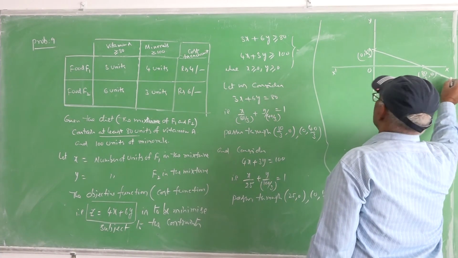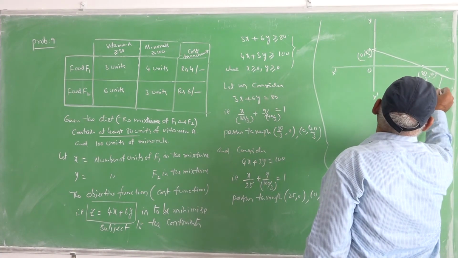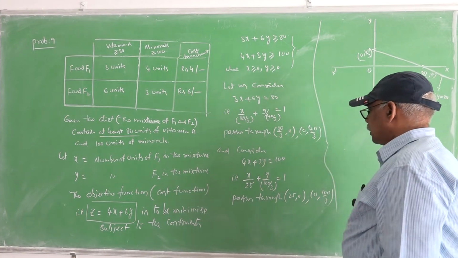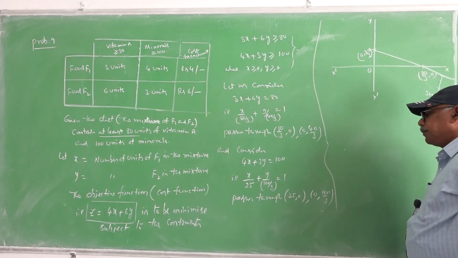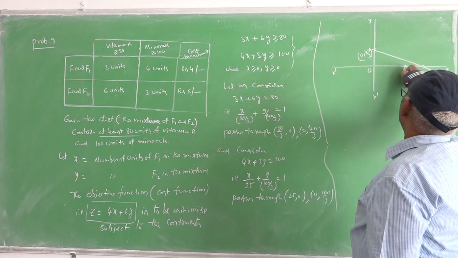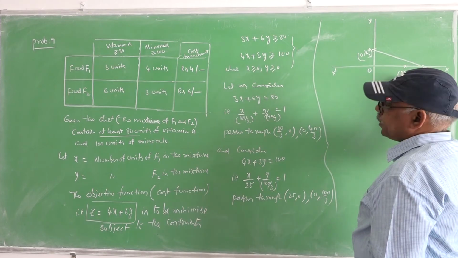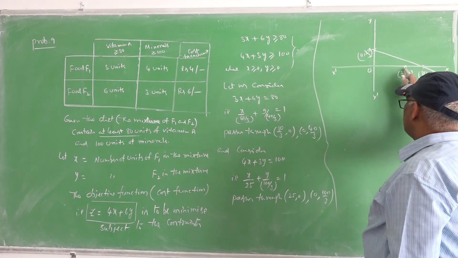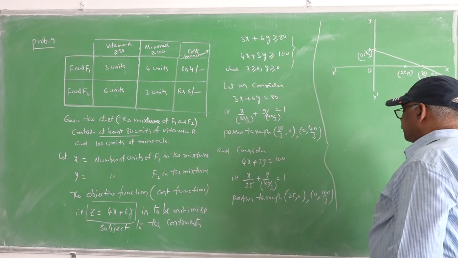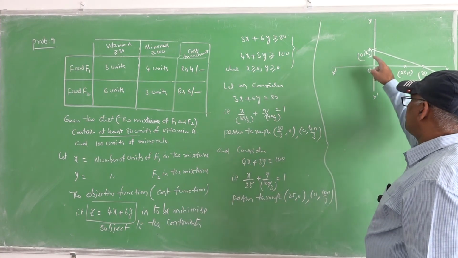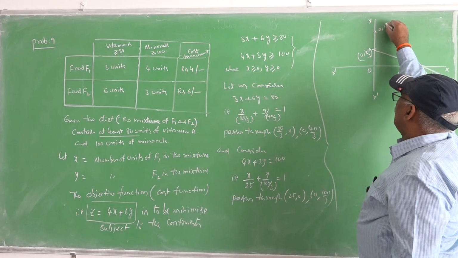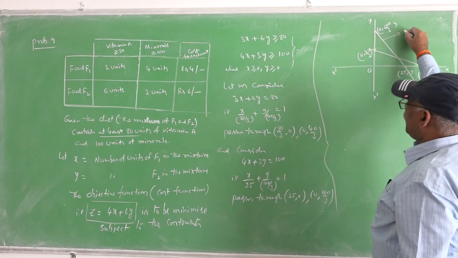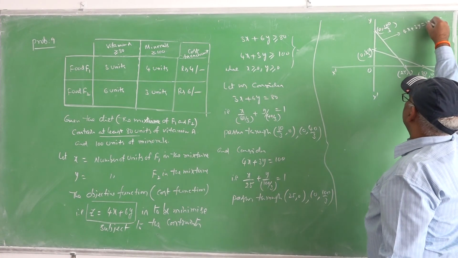And this is the line 3x plus 6y equal to 80. The other line is 4x plus 3y equal to 100, which passes through 25 comma 0, which is less than 80 by 3. 25 is clearly less than 80 by 3, hence I am taking it to the left of 80 by 3, and 100 by 3, which is more than 40 by 3. Let us join this line. This is the line 4x plus 3y equal to 100.